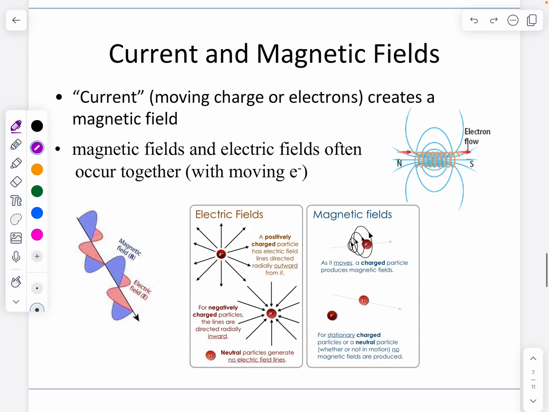All right, so now let's talk a little bit about why we have magnets in the same chapter that we're talking about electric charges. And the reason is because they are directly connected. If you think back to our electromagnetic waves that we learned, did you ever wonder why we called it electromagnetic? Like, did it sound like two words were just smushed together?